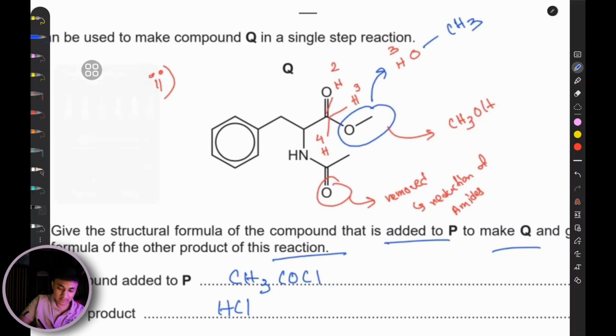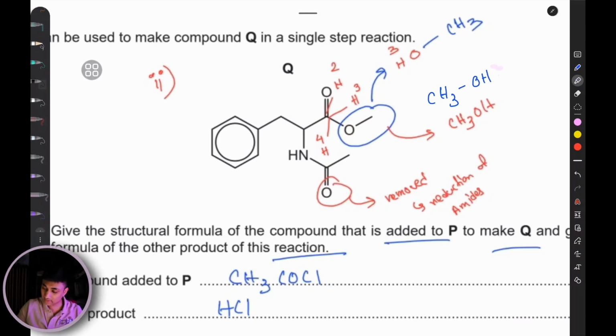The first thing is going to be this, where you have CH3 bonded to O. This part is broken off to form an alcohol, right? And it's going to be CH3 bonded to OH, right?